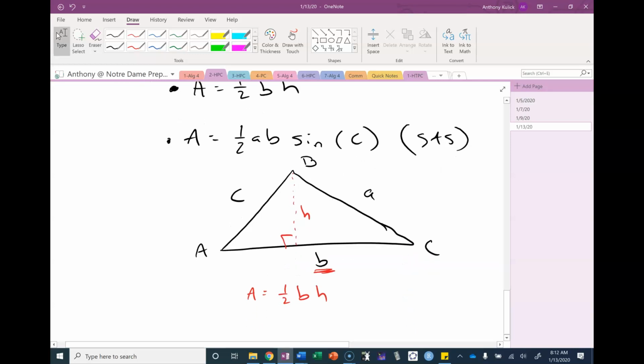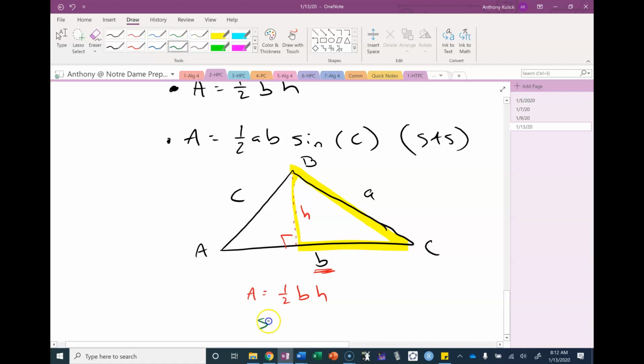So while I don't know anything about the height, I do know that this is a right triangle, so I could use SOH CAH TOA inside of this right triangle to recast the height as one of the other side lengths.